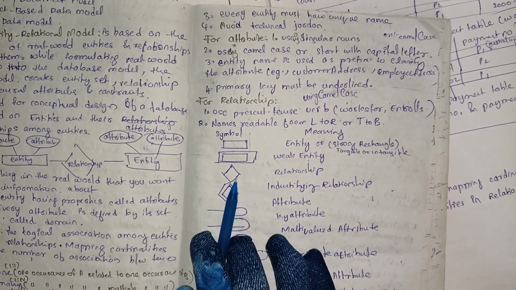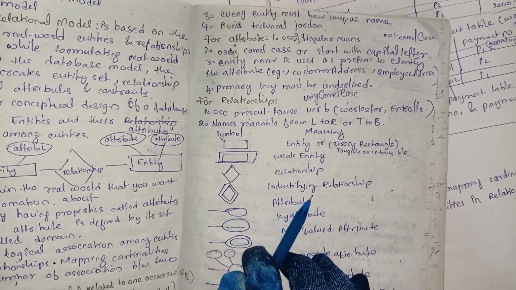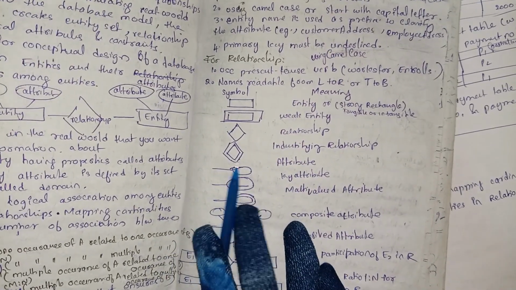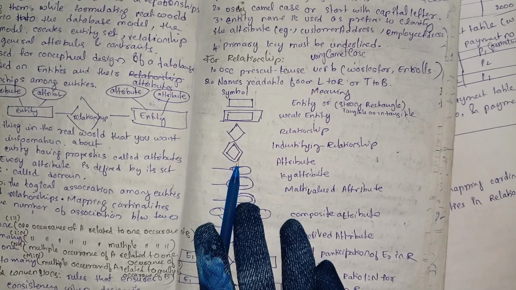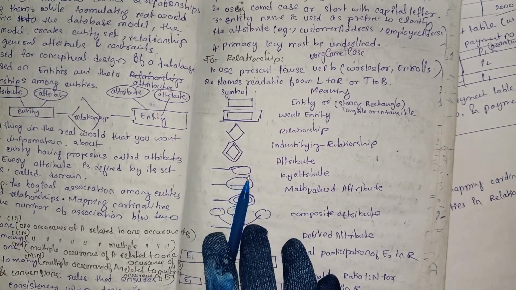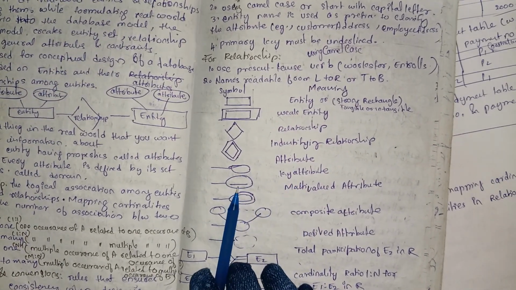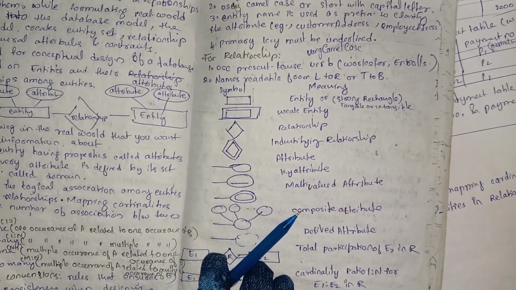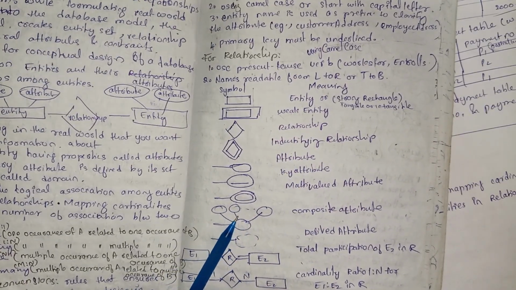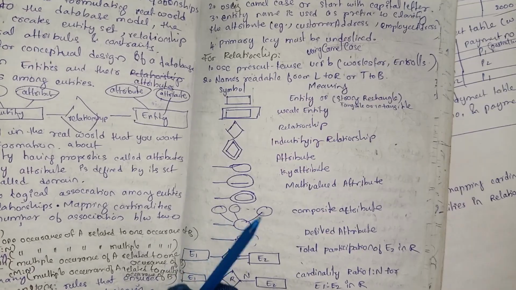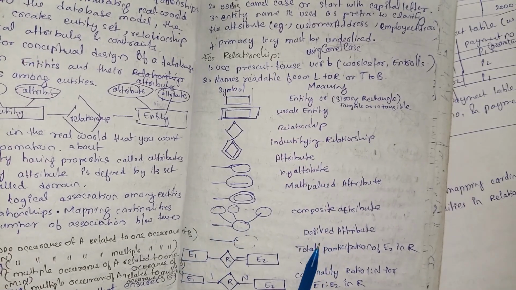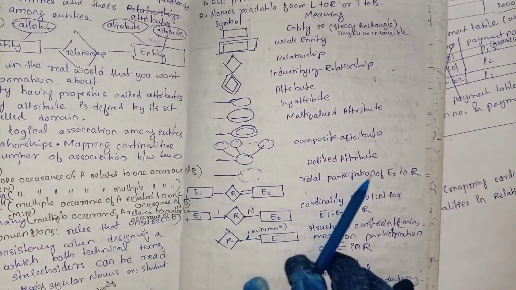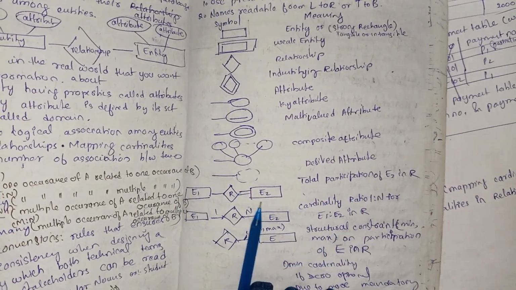Then relationship is represented by a rhombus or diamond, identifying relationship by a double rhombus or diamond. Attribute is an oval, and key attribute is underline plus oval, multi-valued attribute is a double oval, composite attribute is where one attribute is subdivided into multiple attributes, and derived attribute is a dotted oval.